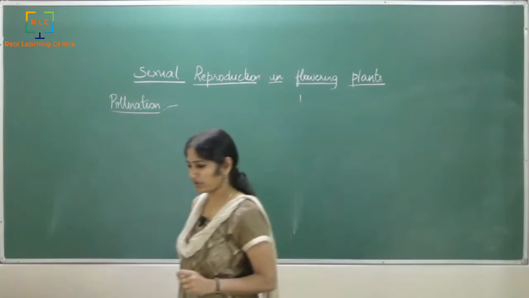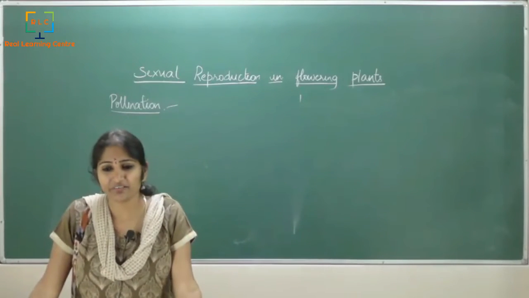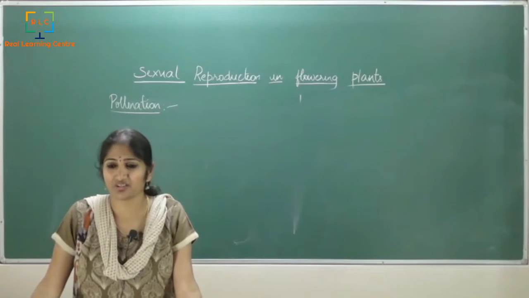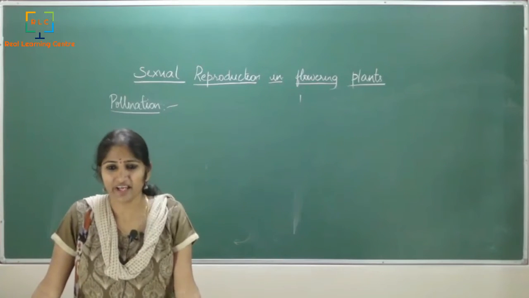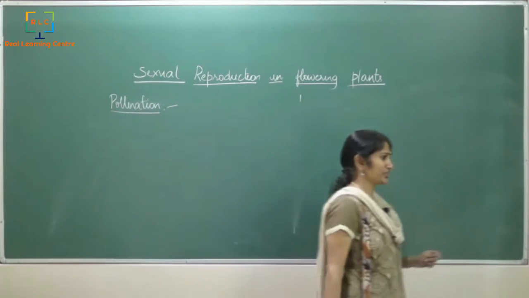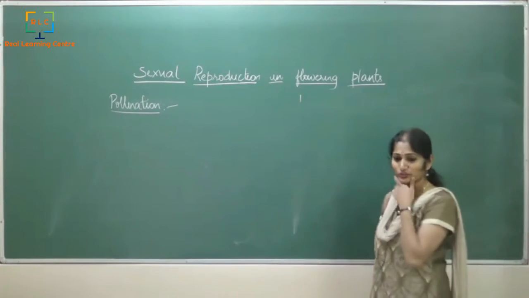The best part about pollination is that every organism, every plant, every animal, every insect which feeds on flowers has its own modifications and adaptations to see that pollination actually happens and is successful.